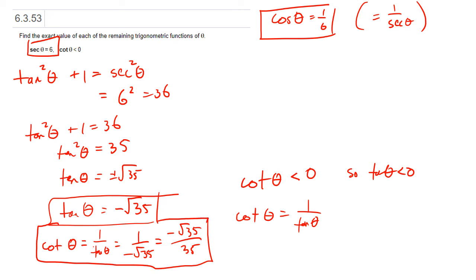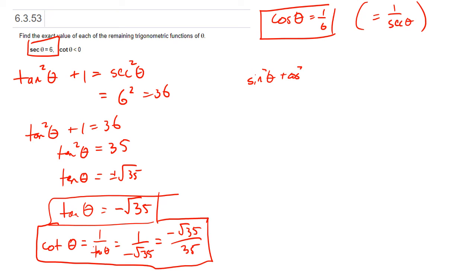The only thing we're missing is cosecant and sine, and we have a couple of options. One thing we can do, now that we know cosine, we can determine the value of sine. So one thing we could do is we could say sine squared theta plus cos squared theta equals 1. Cos squared theta is 1 over 36, so we have sine squared theta plus 1 over 36 equals 1.